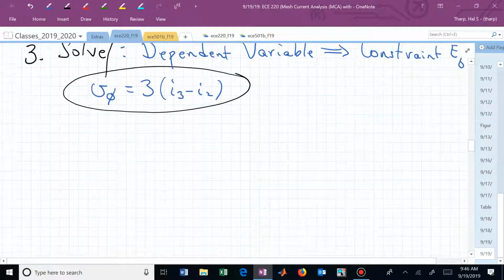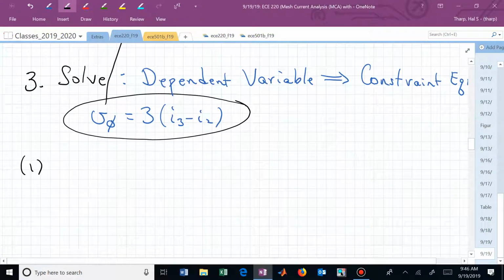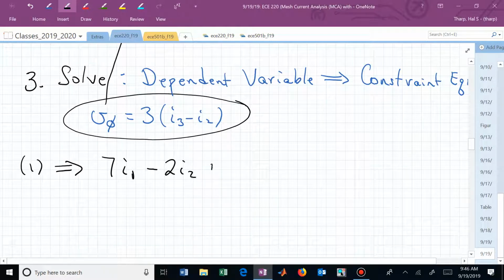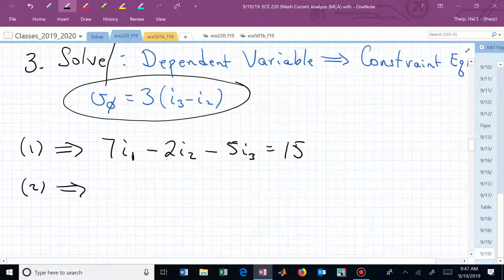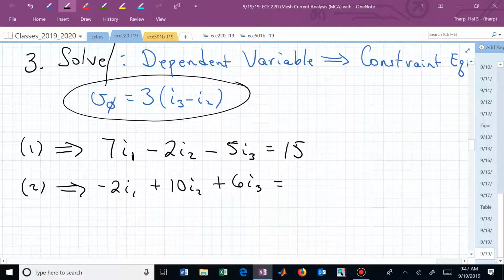If we do that for all of these, then 1 gives rise to the following: 7I1 minus 2I2 minus 5I sub 3 equaling 15. That's where that's coming from. Equation 2, which we've now improved upon because we've removed the dependent variable in that expression, if you combine all of those, you'll find minus 2I sub 1 plus 10I sub 2 plus 6I sub 3 is equal to 0.